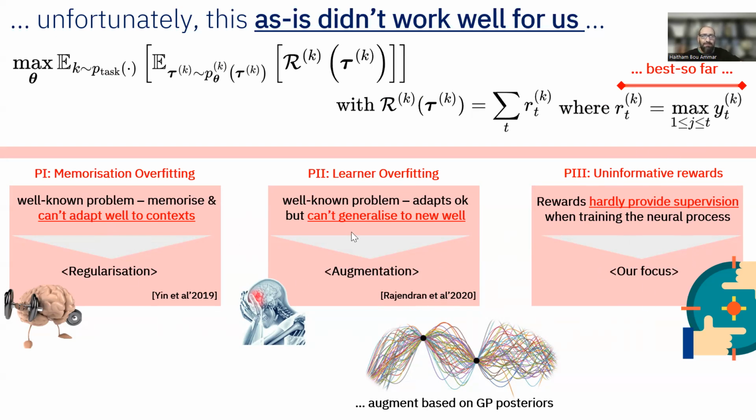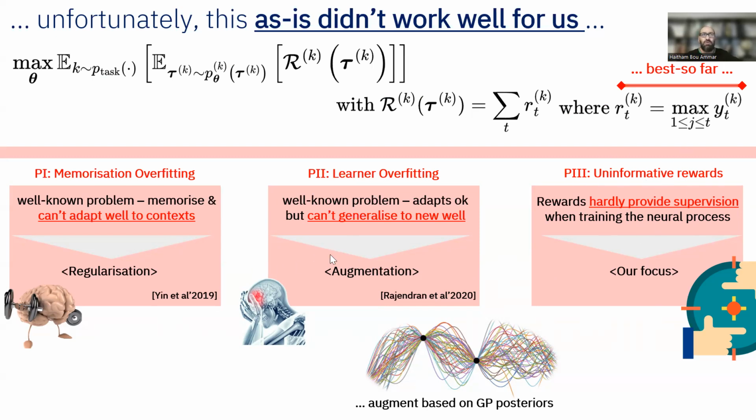The first two problems can be relatively easily resolved, because here you can do regularization using a technique like Yin et al. in 2019. Here you can do Gaussian process data augmentation, which we also describe in the paper. But the more interesting problem from our perspective is uninformative rewards.